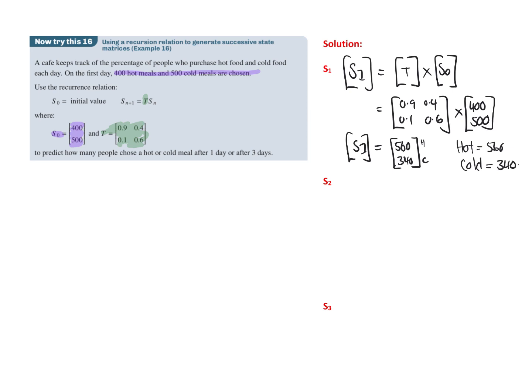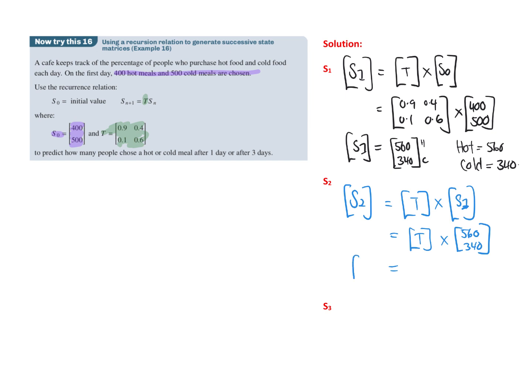All right, so now they want me to get to 3 days, but I'm going to have to do S2 first. Now I'm not going to worry about writing out that whole transition matrix. I'm just going to write T, but I am going to put S1 in, which was 560 and 340. How many people should we have in total?